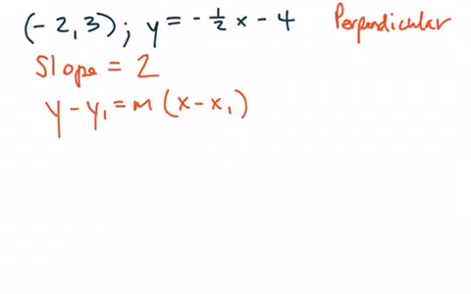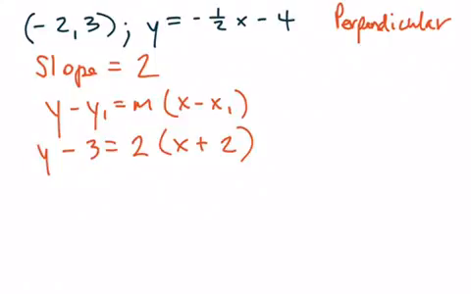Now, we'll still use the ordered pair which is given, which is -2, +3. So just do y minus y1, which is 3. This time, our slope that we're going to use is 2. That is the opposite reciprocal to the original, our original being the -1/2. Then we have our first x coordinate, which is a negative, becomes positive.